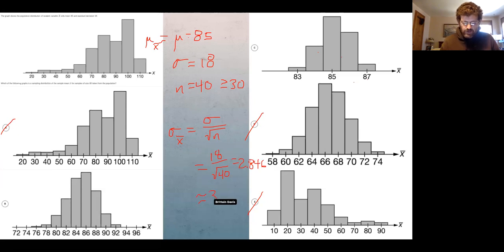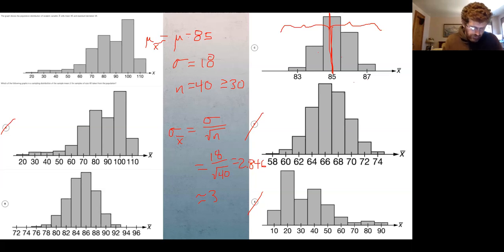All right. So if I look at my two options, B and C, I'm going to start with this one. Here's the mean, 85. If I go out 3, it's going to be like to right here for one standard deviation. And I can see that is not what's going on in that histogram. We are not seeing a standard deviation of 3.